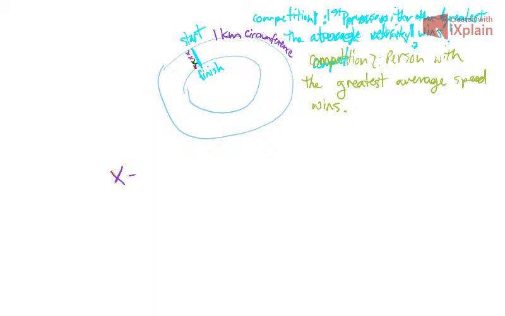The purple person finishes the race in 5 minutes. So 5 minutes, 1 kilometer. The red person, let's say that red person takes 6 minutes to do 1 kilometer.